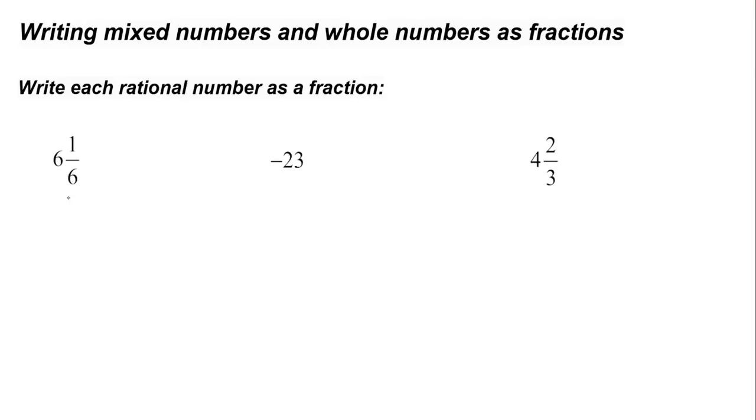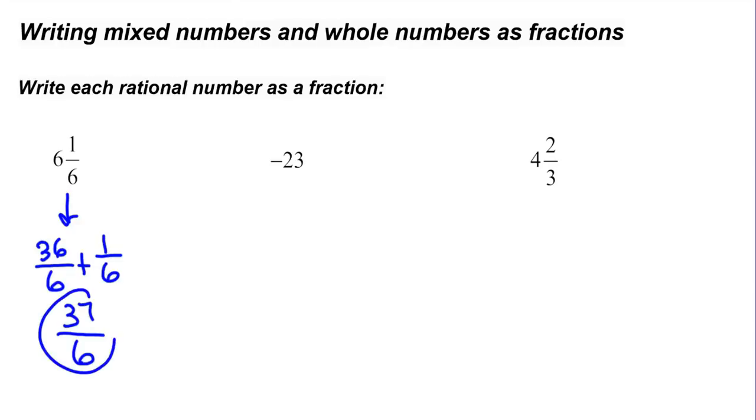Well, if we can think of this 6 1/6 as a fraction, 6 whole would be 36 sixths, plus one more sixth is 37 sixths. So this is 6 1/6 written as a fraction. That tells me that it's a rational number. It can be written as a fraction, 37 sixths. We call that an improper fraction, but it's 6 1/6 written as a fraction.